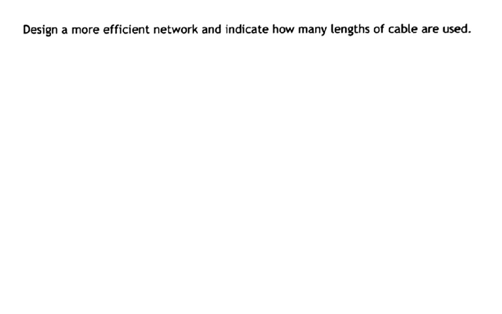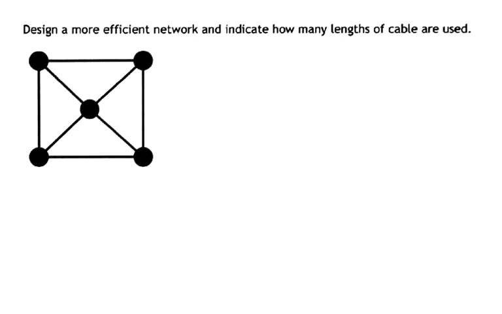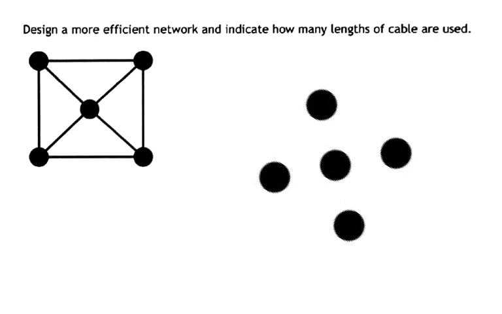So our task is to design a more efficient network and indicate how many lengths of cable are used. So here's that office diagram that was submitted before. And so here are the 5 offices without any cables. Well, we just need to make sure each office is connected to another office. And so we have these 2 offices connected.